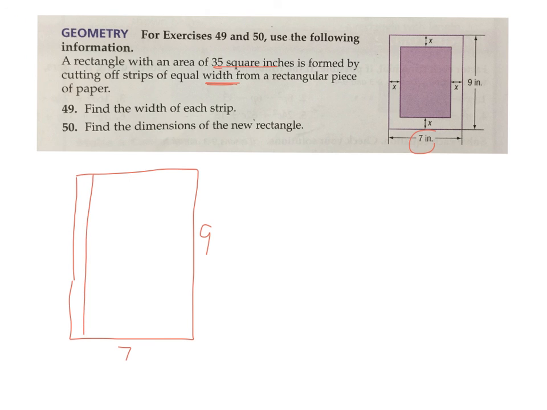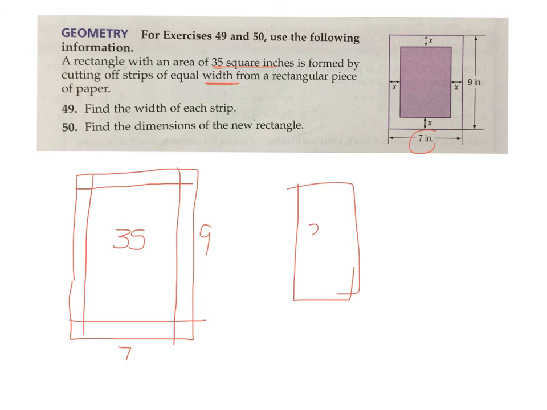So we're cutting off a piece here, and the same width here, and the same width here, and the same width there. And we're getting a new rectangle in the middle that's going to have an area of 35 square inches. So it's really easy to guess at the dimensions of the new rectangle in the middle.